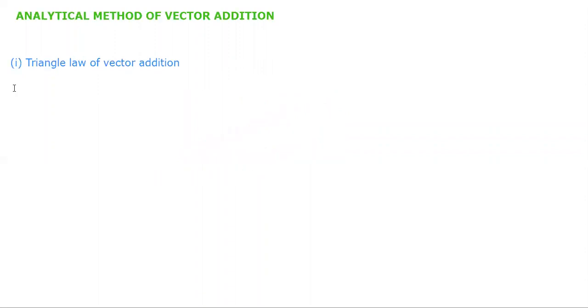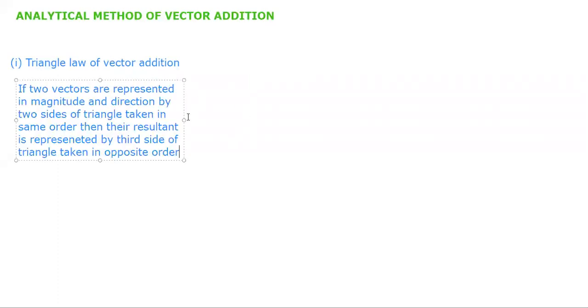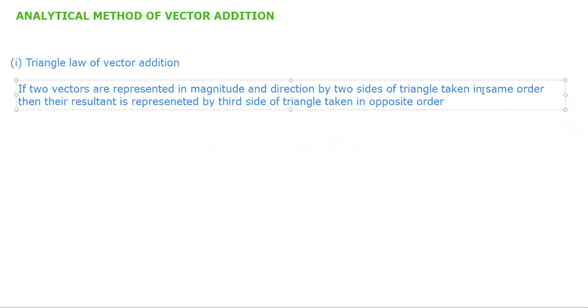You can write the statement like this: if two vectors are represented in magnitude and direction by two sides of a triangle taken in the same order, then their resultant is represented by the third side of the triangle. But the important part is that they should be joined from arrowhead to initial point, the rule that was told to you in the previous video.